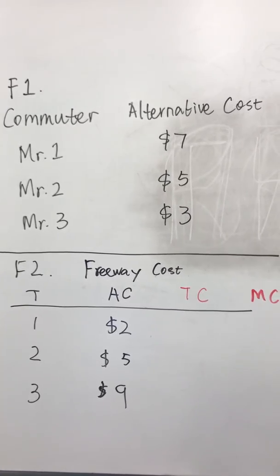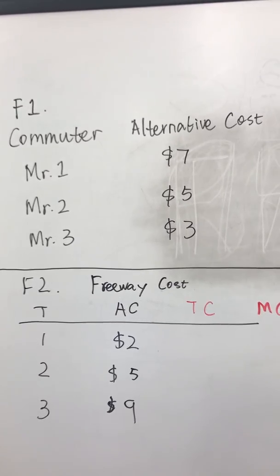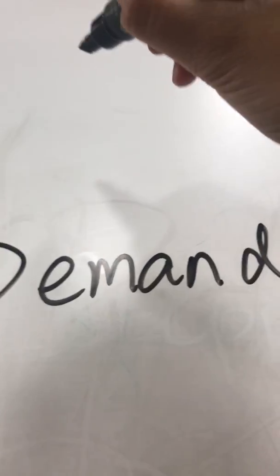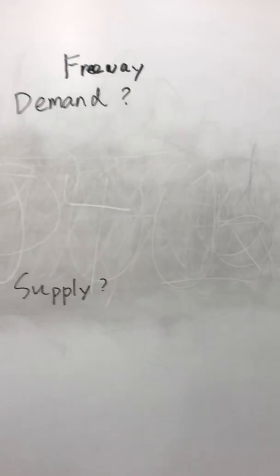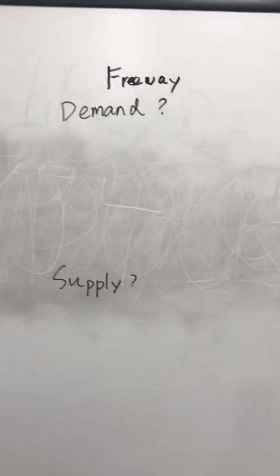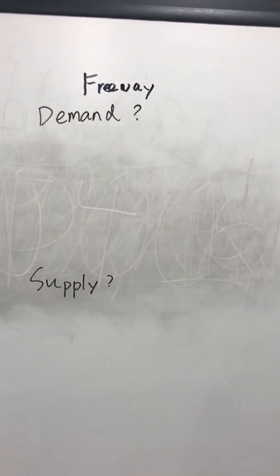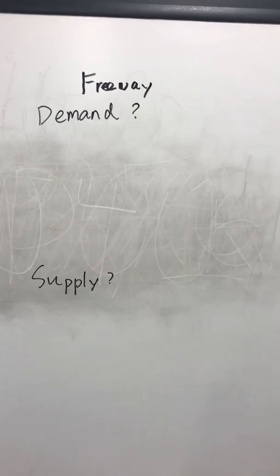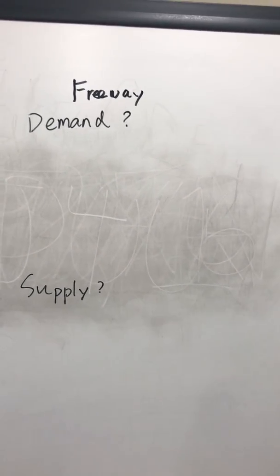First, we need to understand what kind of thing we are talking about. We are talking about freeway choice. Given that we are discussing freeway choice, we first need to analyze the market. If you are using the freeway, what is the other side of the market?